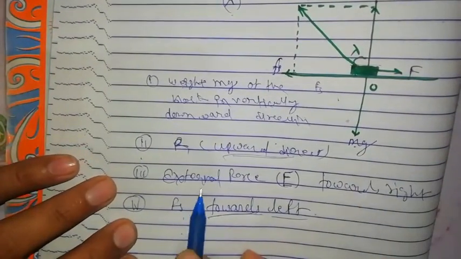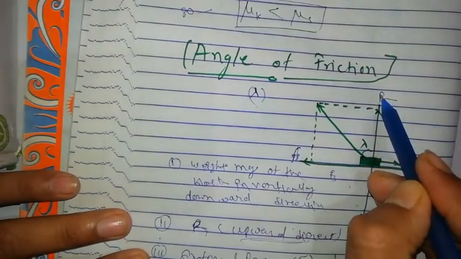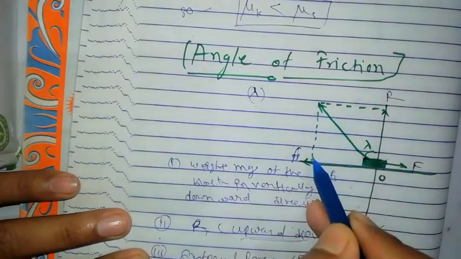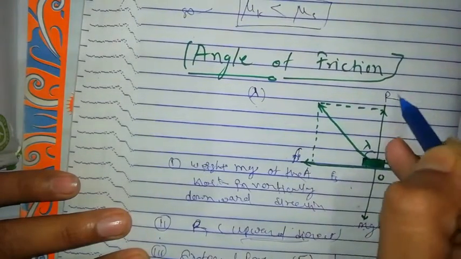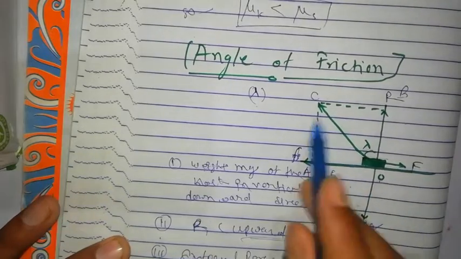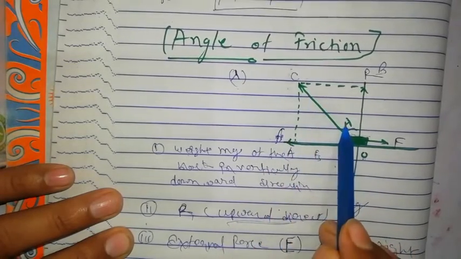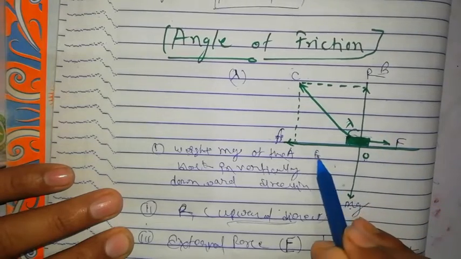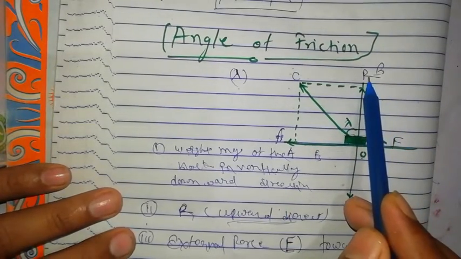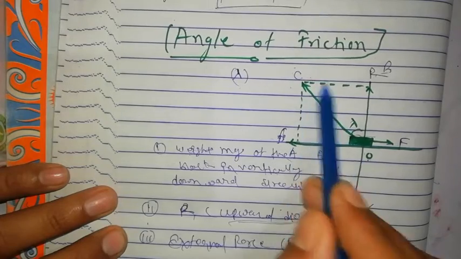Then the resultant of Fs and R can be obtained by constructing the parallelogram OACB.